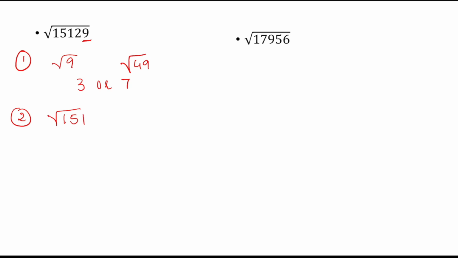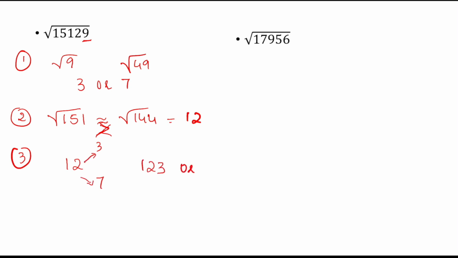We should see any square root which is nearer and lesser to 151. That is square root of 144 is approximately nearer and it is lesser than 151. So this is 12. So write down 12 here, 3 here, 7 here. So square root of 15129 is either 123 or 127.